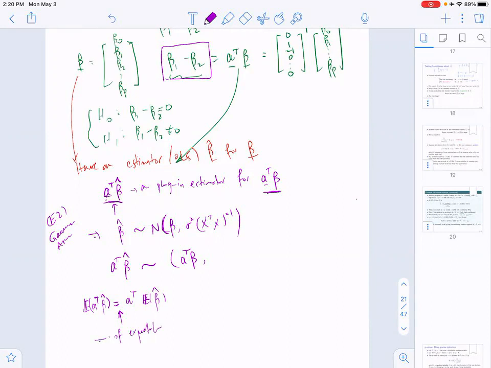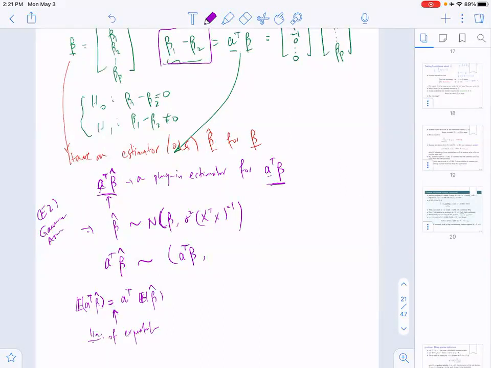We have computed that beta hat is unbiased for beta, so this is beta, and we get A transpose beta. So we conclude that A transpose beta hat is unbiased for estimating A transpose beta. We're trying to estimate this, and the expectation of our estimate is equal to that. Good. So how about the covariance matrix?